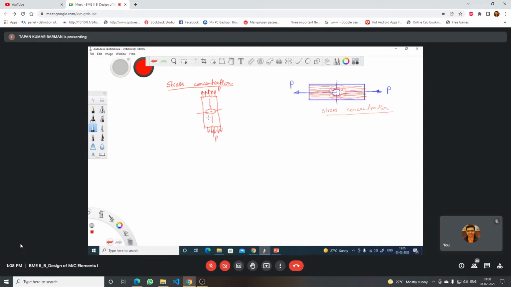The dimension here is: the major diameter is 2a and the minor diameter is 2b. Now the maximum stress may be estimated or approximated like this, sigma times 1 plus. So this is the maximum stress that may be developed near the discontinuity of the material.